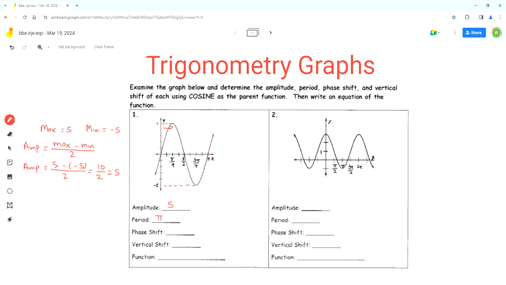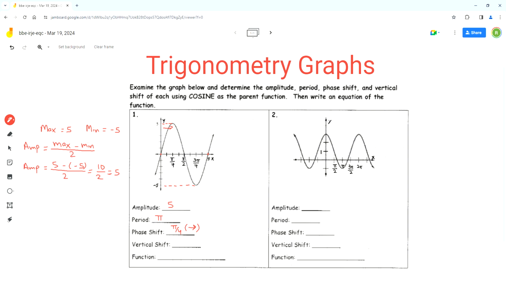So that means there is a phase shift of pi over 4 units to the right side. There's a very important concept we need to understand and memorize for cosine functions, that for a cosine function parent graph, the maximum value is on the y-axis.